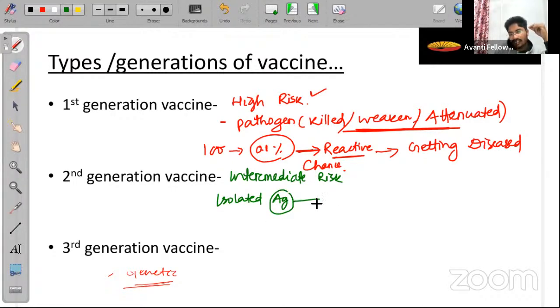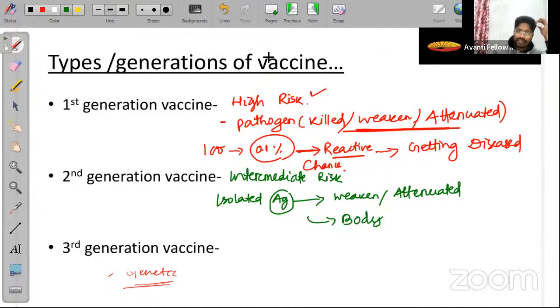This antigen was weakened and attenuated, right? And after that it is given to the body. So there is a lesser chance of risk here. It was cultured, exactly, that is also okay.